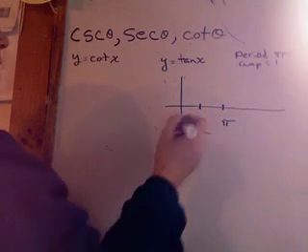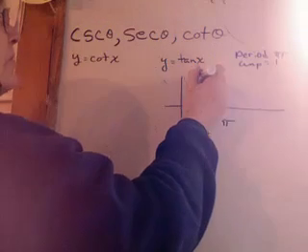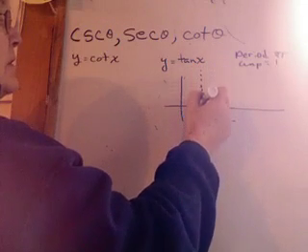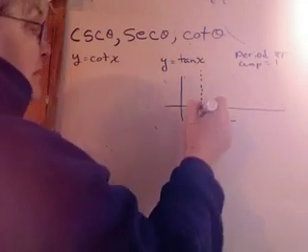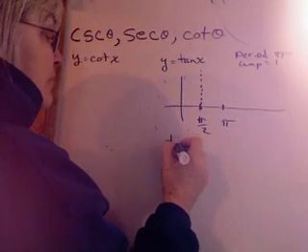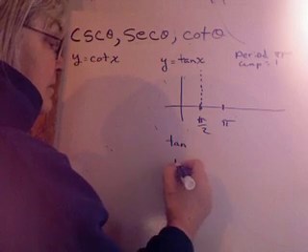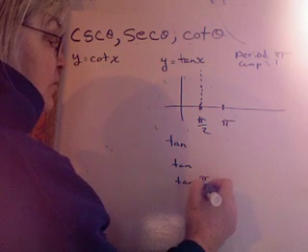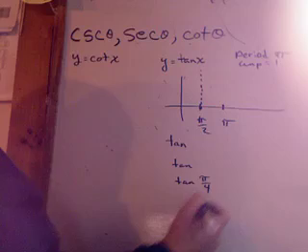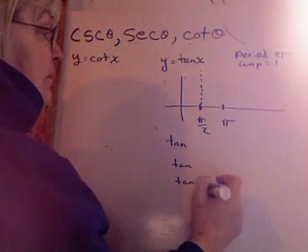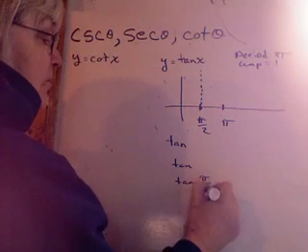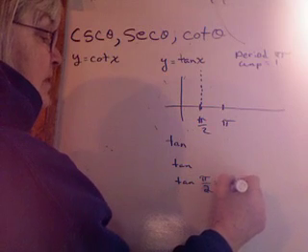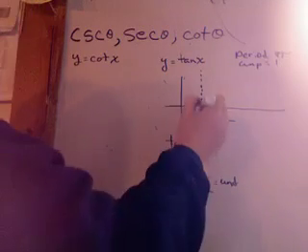So at pi over 2, the tangent of pi over 2 is undefined. So let's write down some values. Tangent, tangent, tangent. I want at least 3. Sometimes 4 is good. At pi over 2, tangent of pi over 2 is undefined, right?